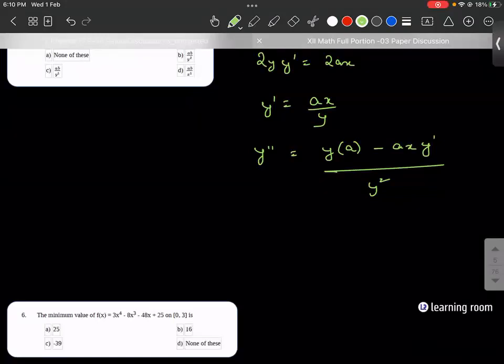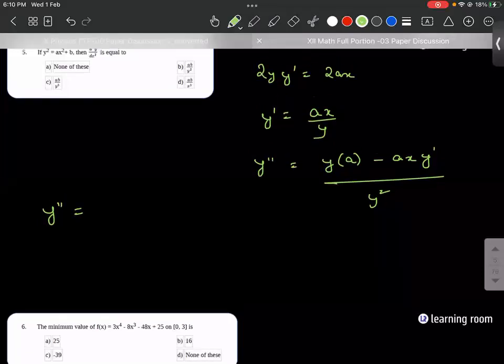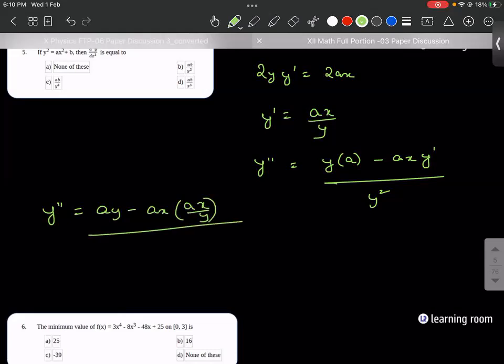So y double dash is equal to ay minus ax into ax by y, over y square. The answer is ay square minus a square x square divided by y cube.